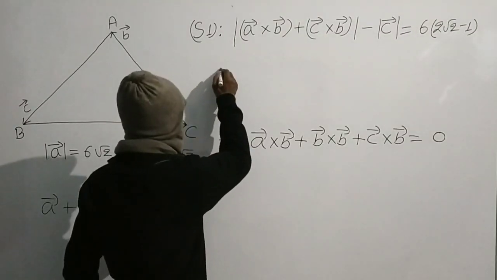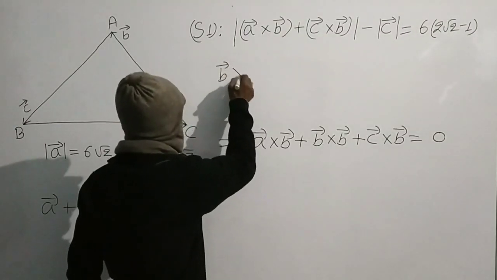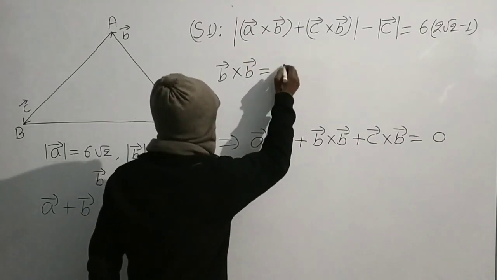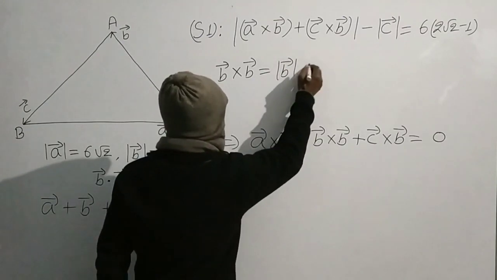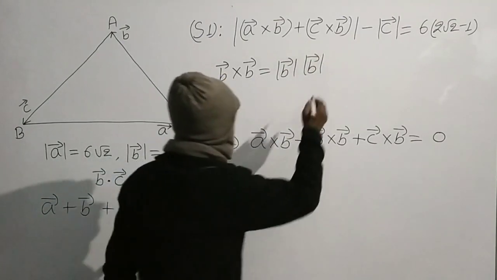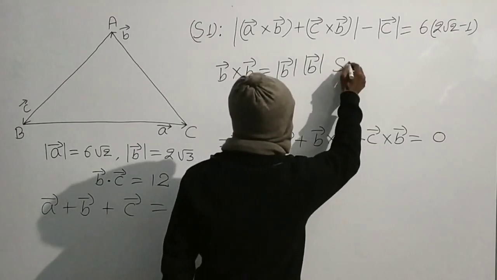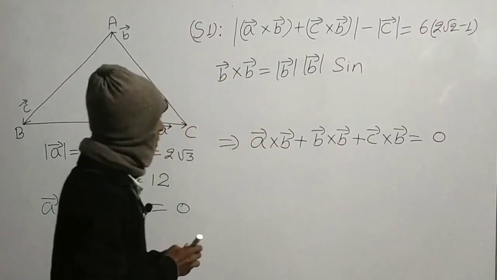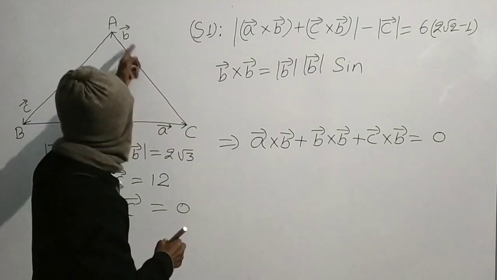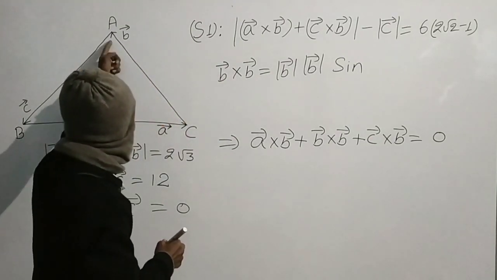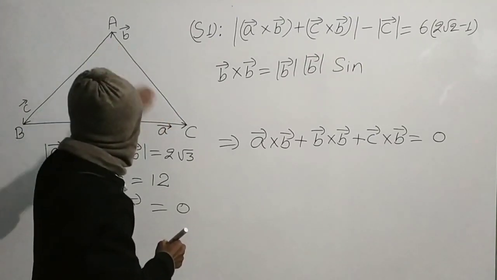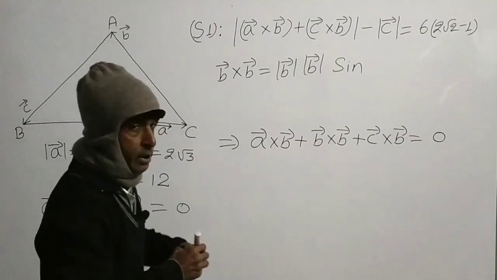B cross B will be equal to mod of B, mod of B, sine of angle between B and B. This is vector B. This vector CA is vector B. Angle between B and B is 0.